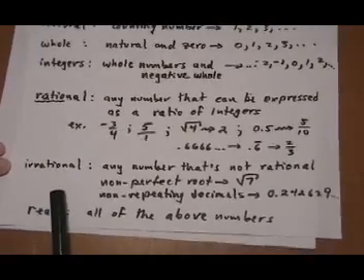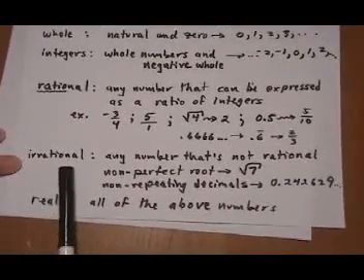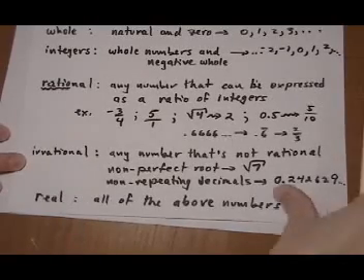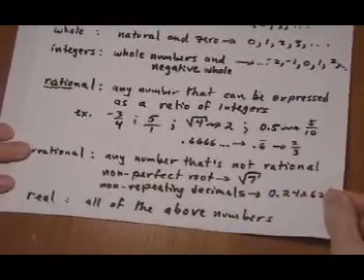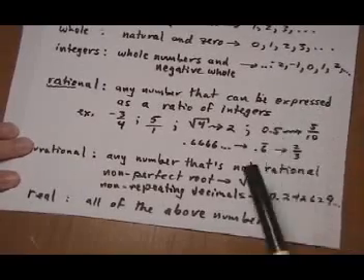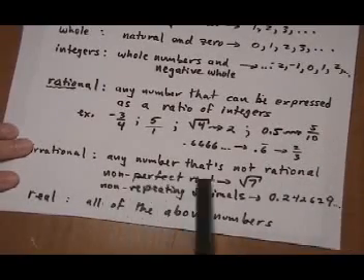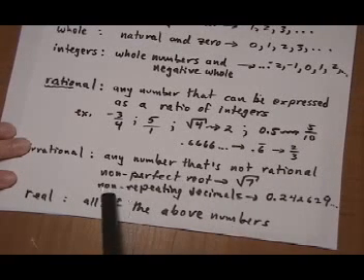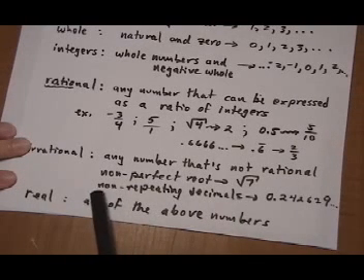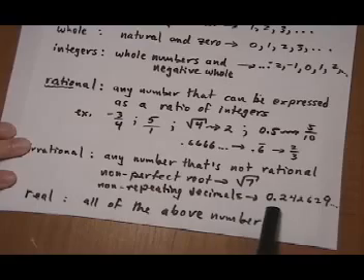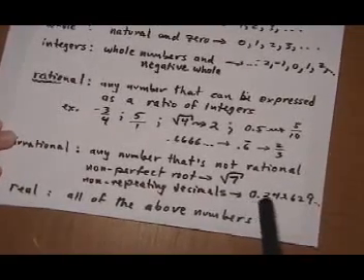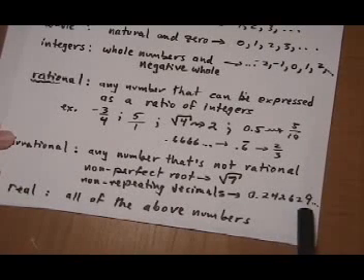Irrational numbers are any numbers that are not rational. And the trick is, how do you identify irrational numbers? Usually what I do is I look to see, first of all, do I have a non-perfect root? If I do, I've got an irrational number. As far as decimals, do I have a non-repeating decimal pattern? For example, I have here 0.242629.